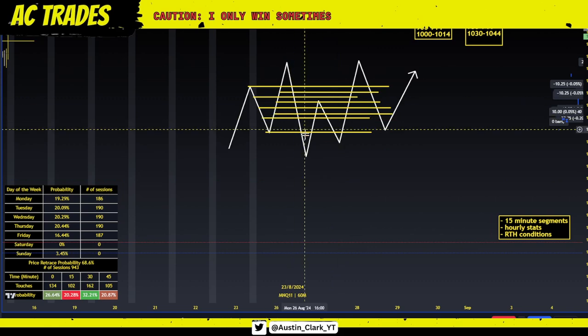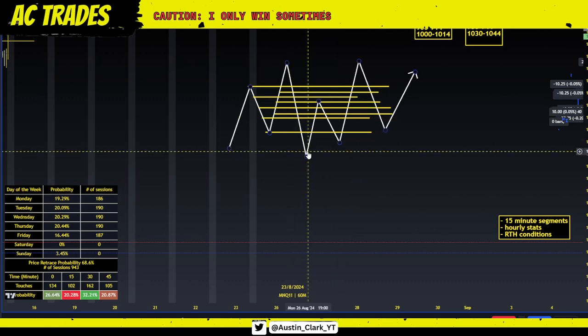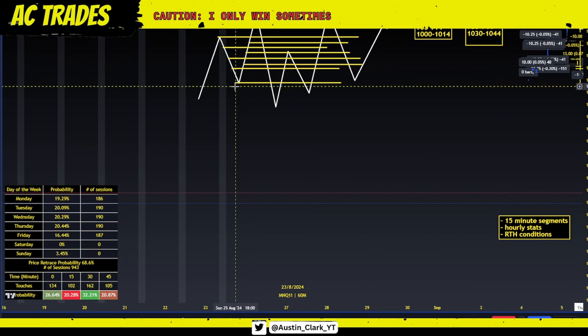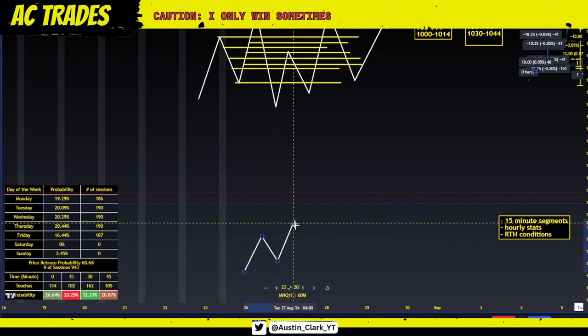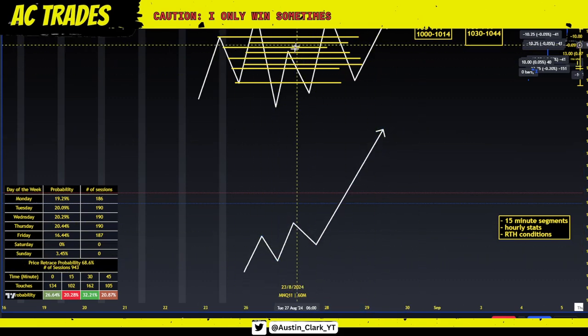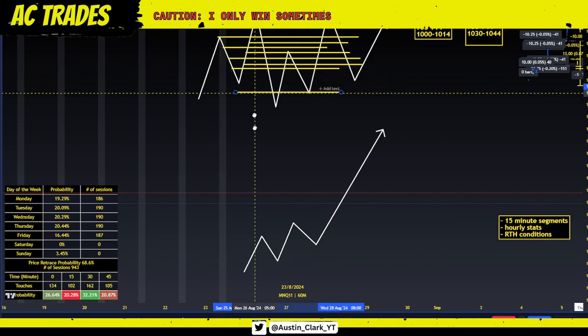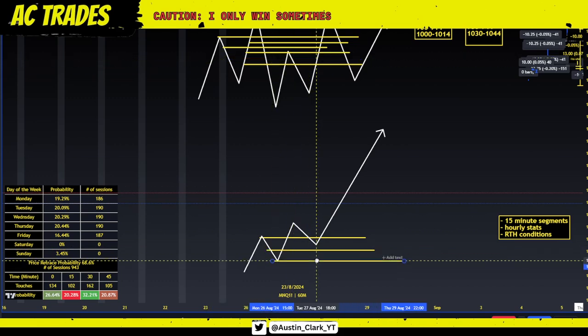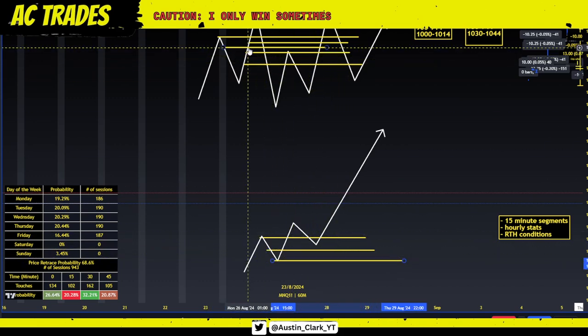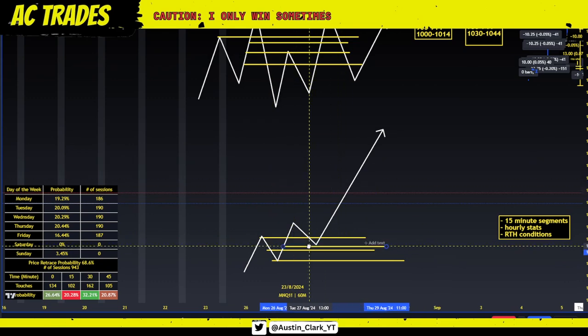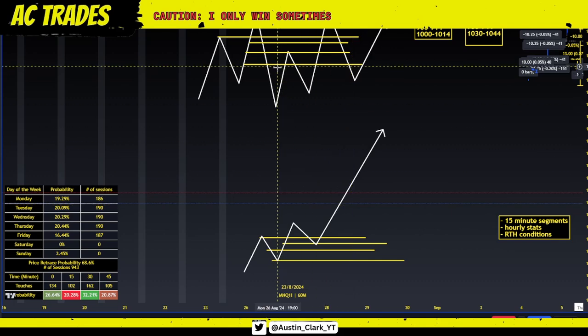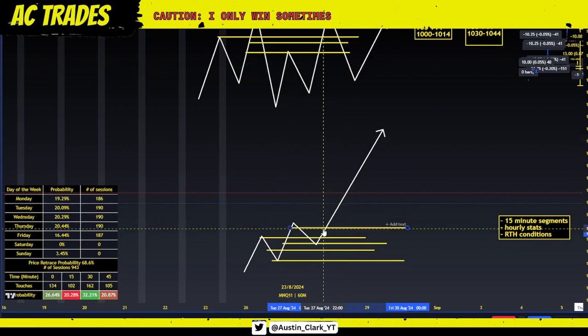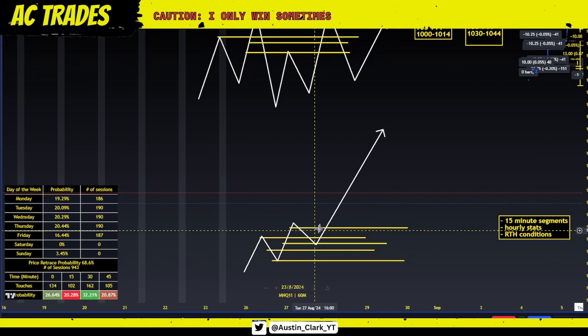Because if we trended more than we ranged, the statistics for these opening prices would be terrible. They'd be 40%, 30%. And in another dimension, you'd be hearing me talk about how we trend more than we range and how I trade away from these lines instead of to them.